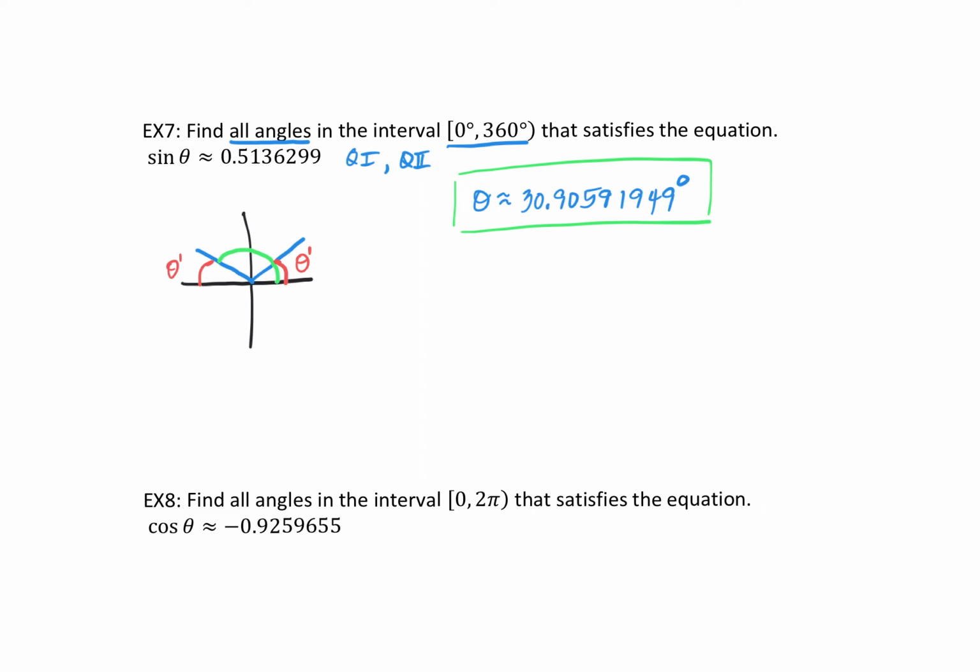Remember, the reference angle is a value between 0 and, we're in degrees here, 90 degrees. So all I have to do is take the total distance around, which is 180 degrees, and take away that first angle that I got. What remains will be the angle that I'm looking for.